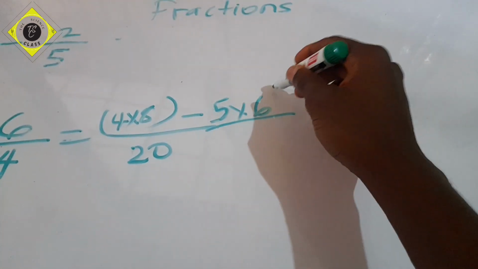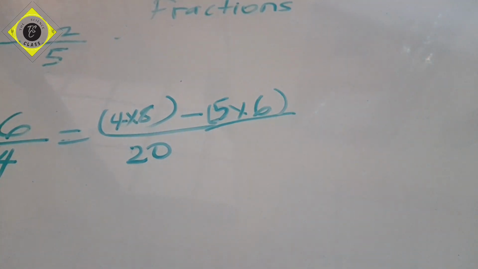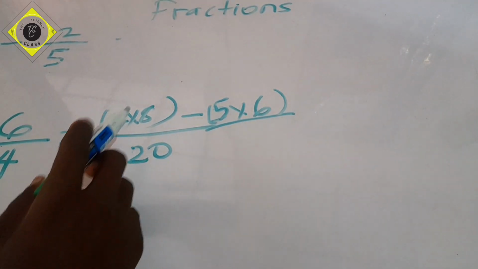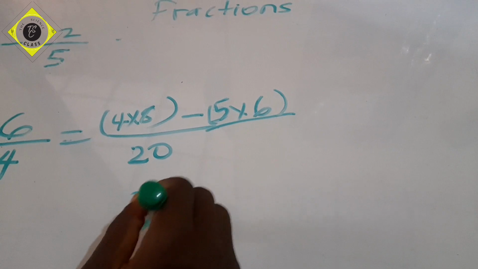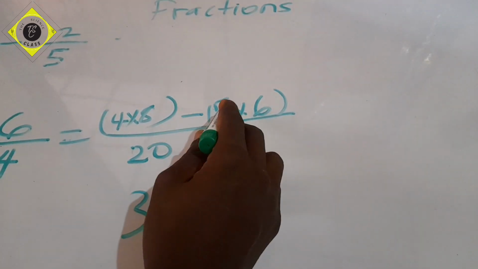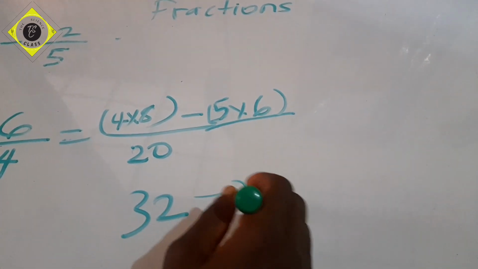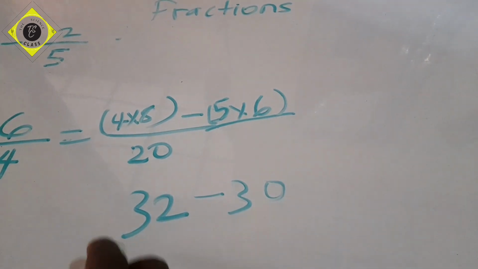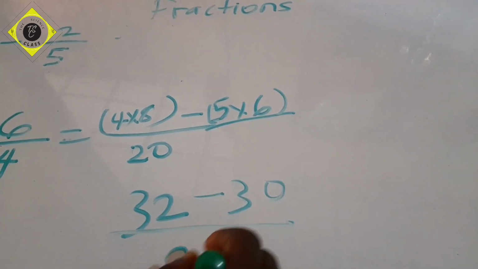Which gives us 30. So we are going to have 4 times 8, which is 32, minus 5 times 6, which is going to give us 30, all over 20.